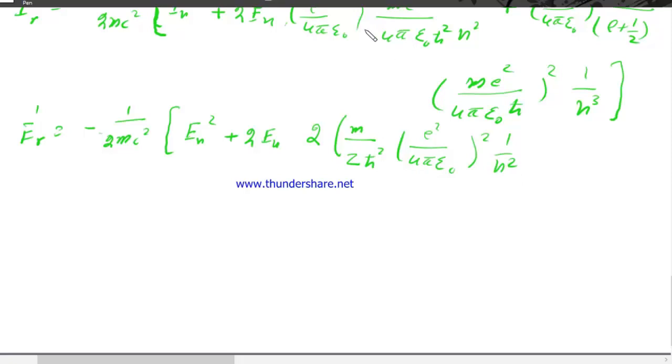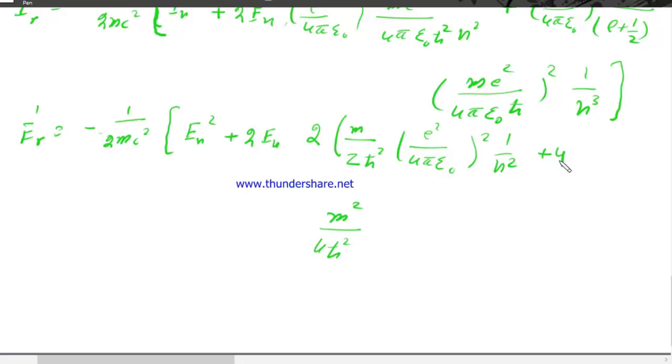We can simplify this term, and then plus 4, we can write this term in here as m² divided by 4πε₀.